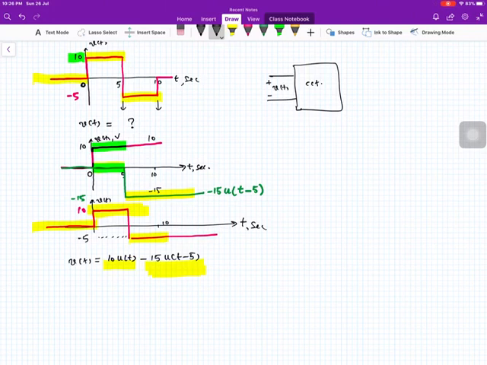Now, if we have another signal of 5 u(t minus 10), so what is the waveform of this signal? Say this is 5 and this is 10, origin.